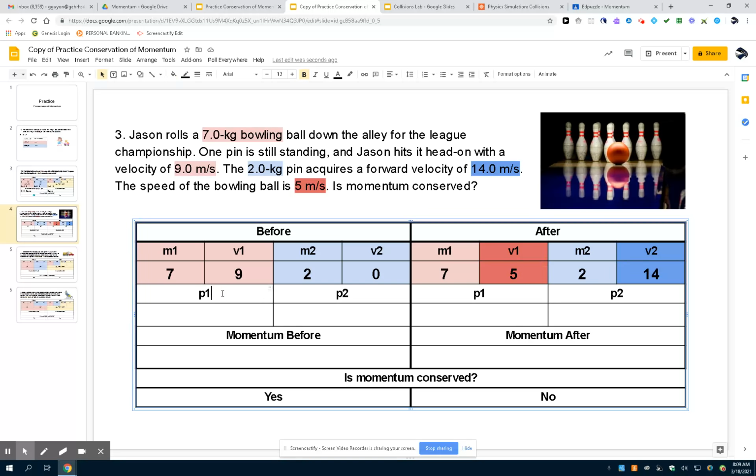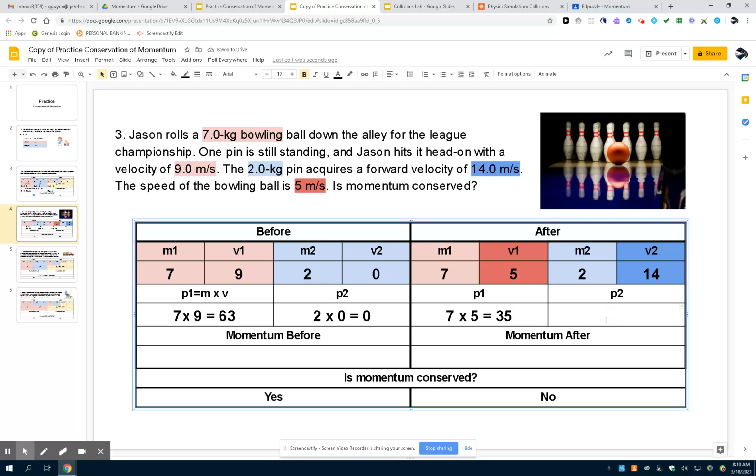So now to find the momentums of each, again, P is just M times V. So we're going to take our 7 times 9, we get 63. And then we get 2 times 0, which equals 0. And then on the other side, we get 7 times 5, which equals 35.